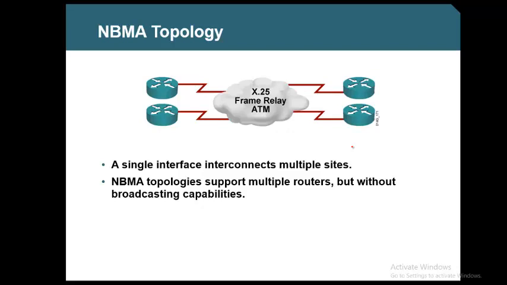Example, you got X.25 or frame relay, one of these. This is what you call non-broadcast multi-access because you got multiple sites. Each router has got 3 remote sites.